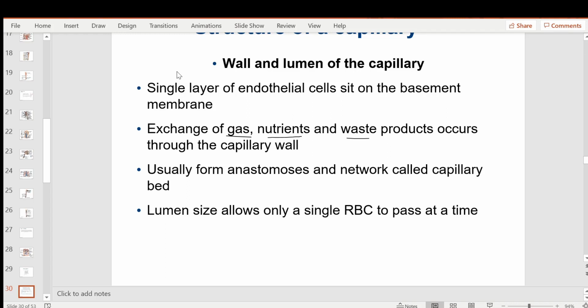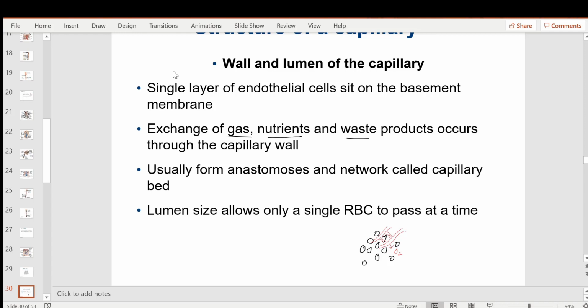So we know that the capillaries in the tissue, so these are the capillaries. Capillaries form a bed in the tissue, and oxygen gets out from the capillaries through the capillary wall, because your tissue or cells need oxygen, right?